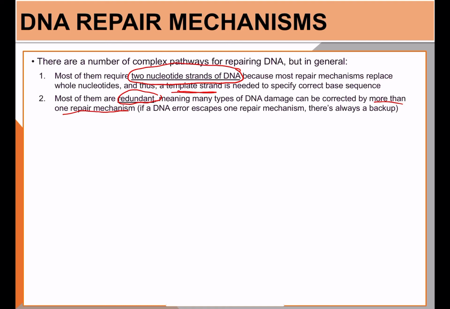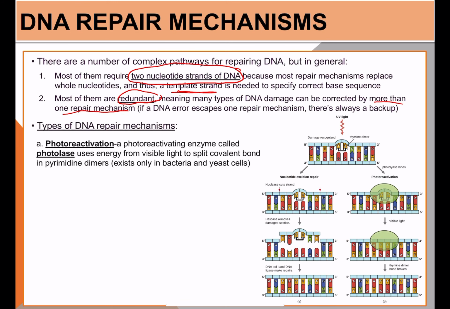If a particular mutation escaped one repair mechanism, we always have a backup somewhere else that's going to recheck the process and try to repair it back. So if it escapes one, at least we have those other three that can do the same thing. Okay, so that's another quality of our DNA repair mechanisms that helps us keep the mutation rates very low. Now, there are many types of DNA repair, and they are all very complex.